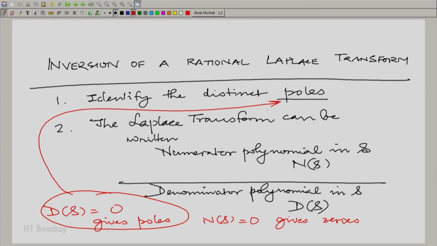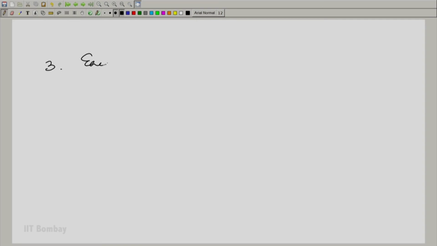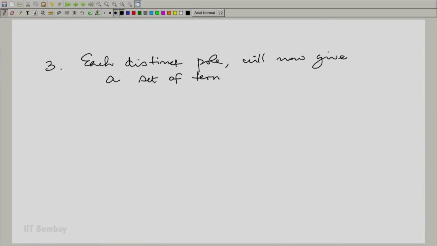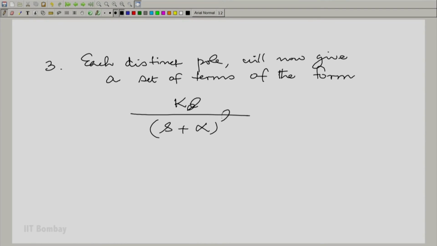So, when I say distinct poles, point number 3, each distinct pole will now give a set of terms of the form some constant, let us call it k l, divided by s plus alpha to the power l.